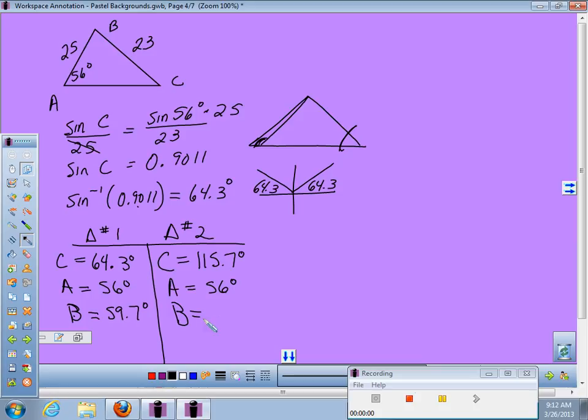So in our case, if you add those together, we got 171.7. So that would leave us 8.3 degrees. So in this case, yes, both triangles are possible. And you would have two sets of answers. Woo! That was exciting? Okay. Wait, why are we clapping?